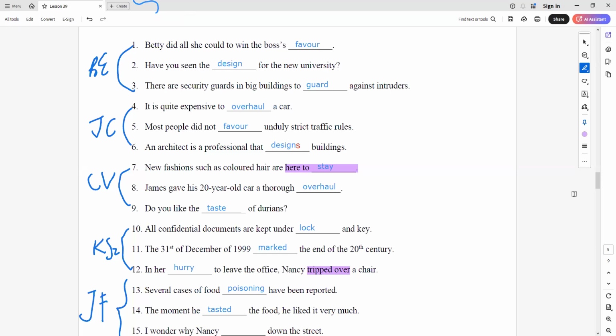Hurry down the street, what does it mean? Make her yes, remove the mark. Remove the mark. You don't remove it, I will remove you from the class.